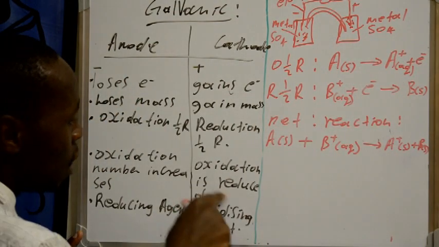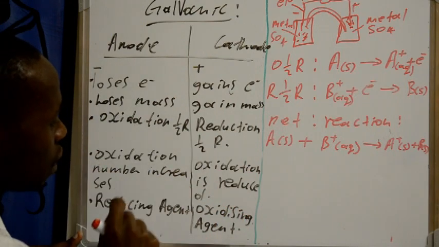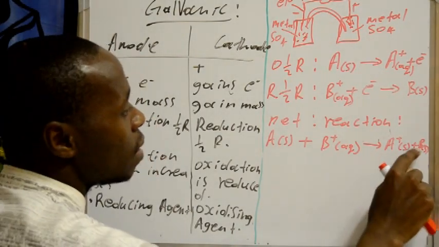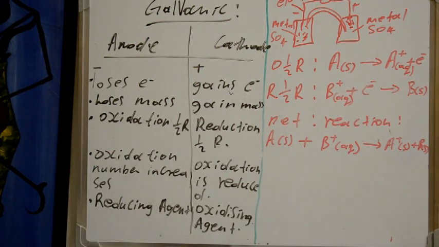In the reduction half reaction, the oxidation number decreases, from plus to the metal.